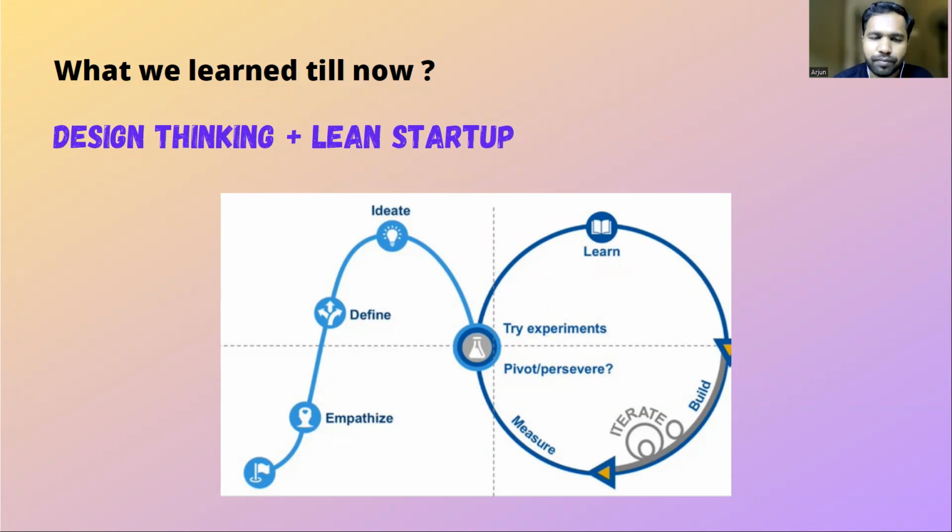A key difference between design thinking and lean startup is that design thinking can be done for non-business problems also. Even if someone has personal problems, they can use this method to find out why they are facing the problem and solve it. But lean startup is more business oriented, more towards commercializing your idea.